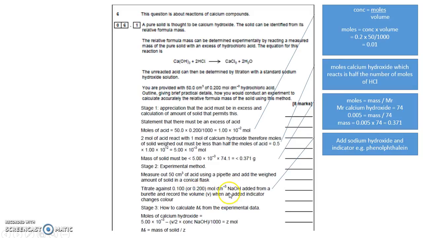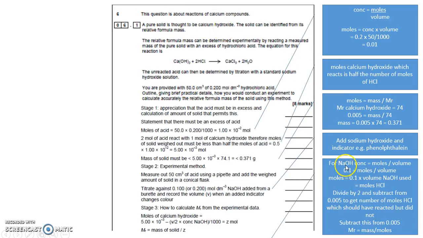You can work out how much acid has been left over and not reacted. For the sodium hydroxide, its concentration suggests about 0.1 mole per decimetre cubed. That's fairly standard for a titration, 0.1 moles per decimetre cubed.